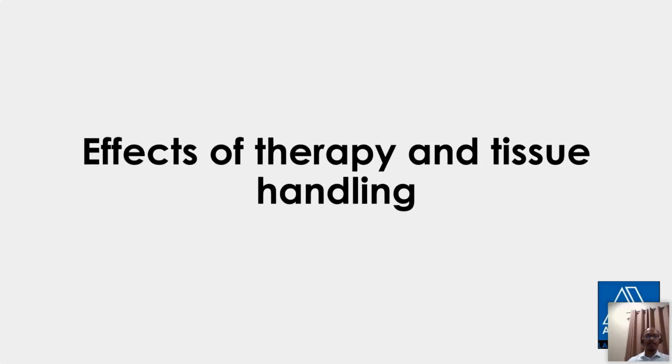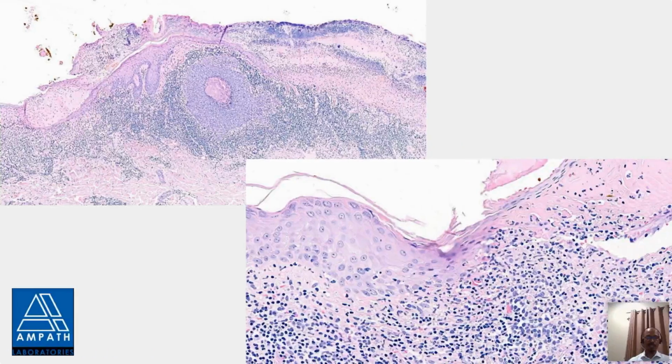Now, the last part of my talk, I want to talk about effects of therapy and tissue handling on the diagnosis of malignancies. And I will show you a few examples of how this affects the histology. This was a case of a BCC which was treated with Aldara, which explains why there was a dense lymphocytic infiltrate which extended into the dermoepidermal junction.